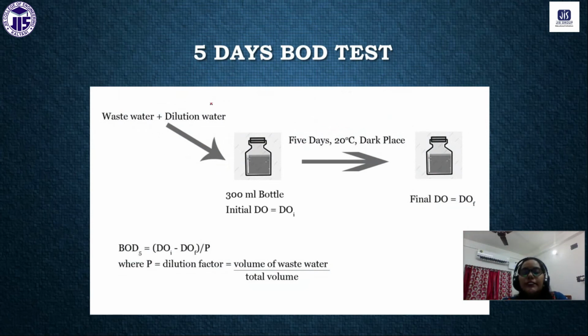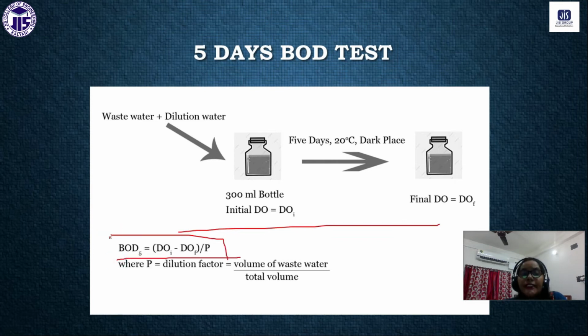So this is the schematic diagram of the 5 days BOD test, whatever we have done, and this is the equation. This equation is very important. You have to memorize this equation. Look, BOD 5 equals DOI minus DOF.